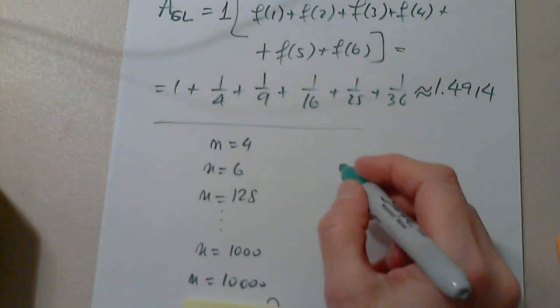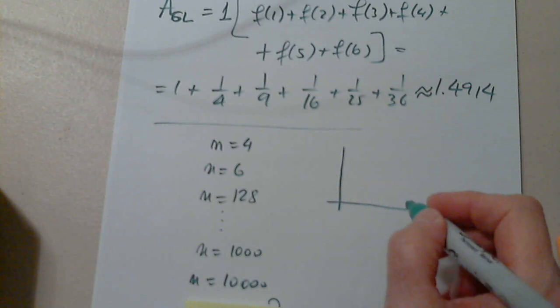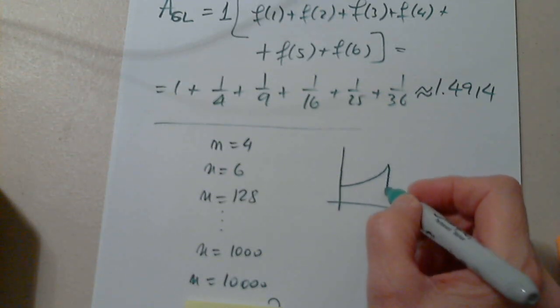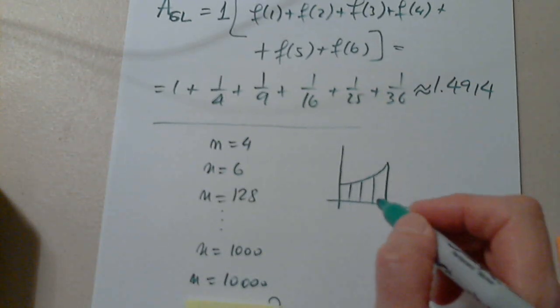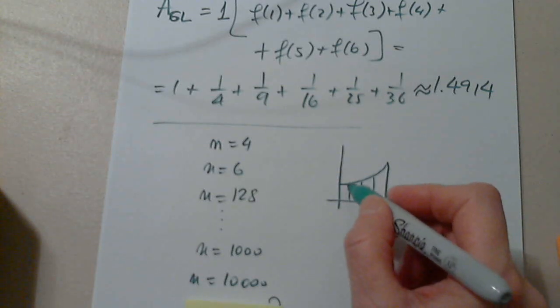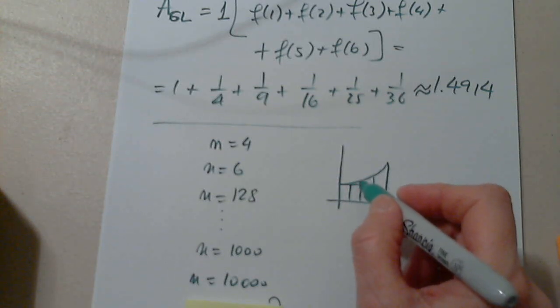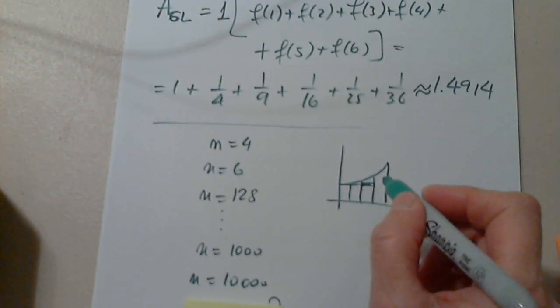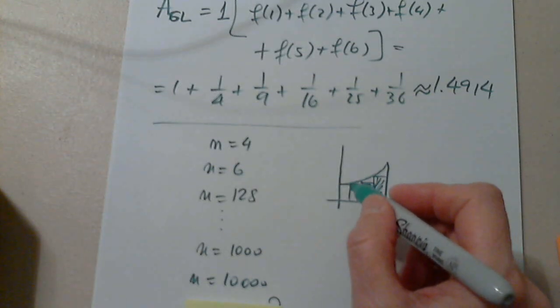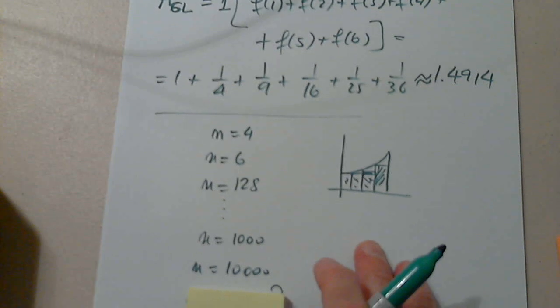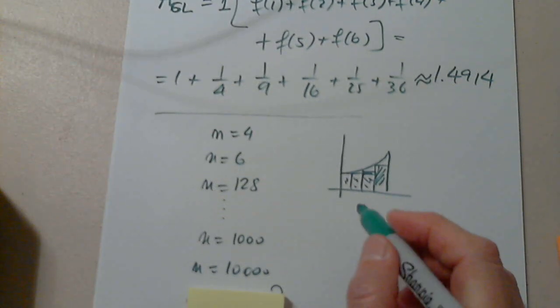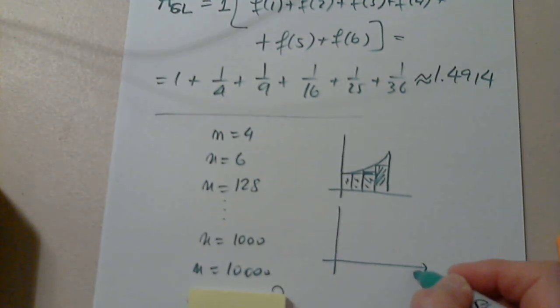Let's take a look. So with n equals 4, I have this, with the leftmost point. But what if I have, it's even difficult to graph, right?